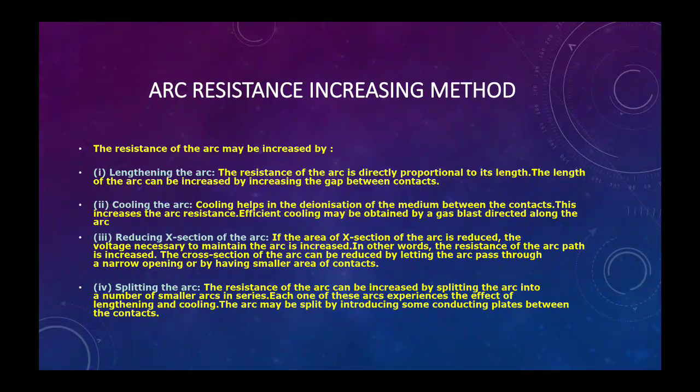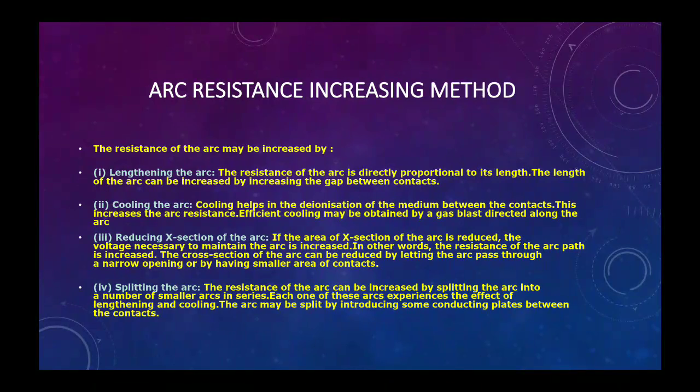Number 3, reducing the cross section area. If the area of cross section of the arc is reduced, the voltage necessary to maintain the arc is increased. In other words, if the area of cross section of the arc path is reduced, then the arc path resistance is increased, as I have already told in the previous slide.